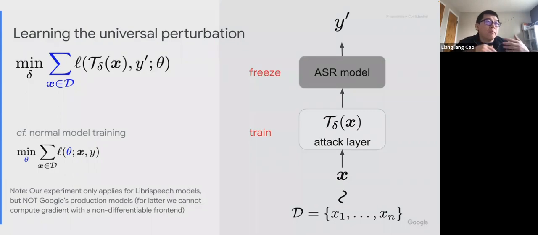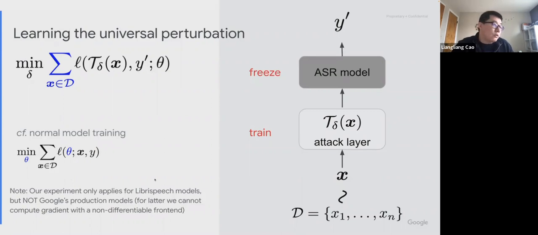Here, the model is not updated. What we do is optimize over delta, which is the magic short audio. And note that this can only be applied to the research model we train on LibriSpeech.